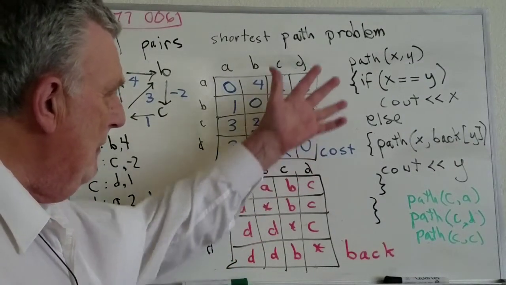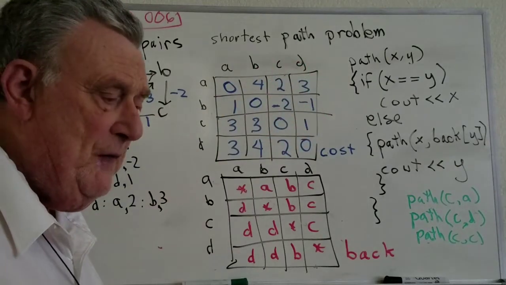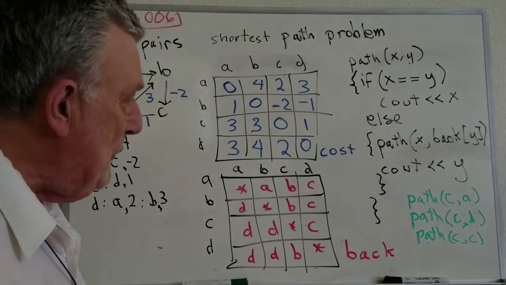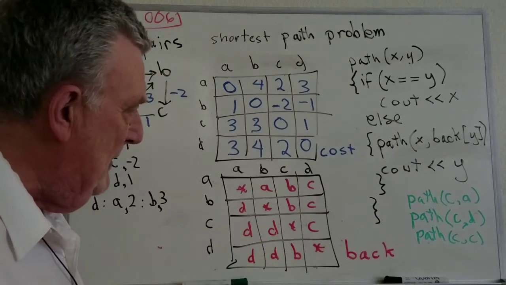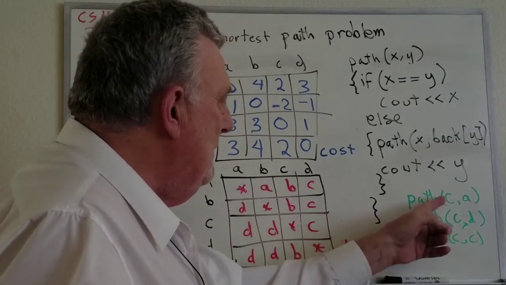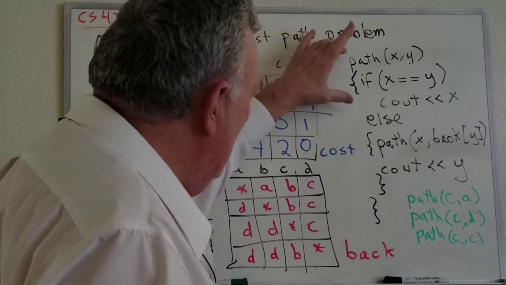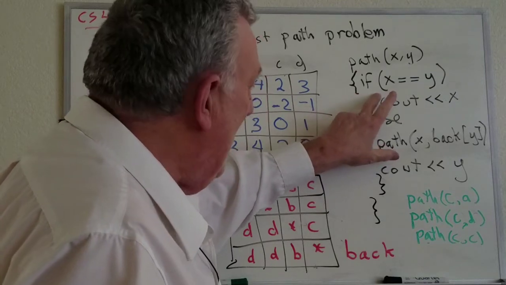Now, this particular fragment here is a recursive function which prints the path from X to Y. And let's take, for example, the path from C to A. It's recursive, it has to basically go backwards.